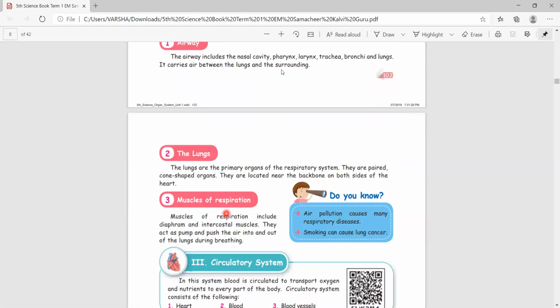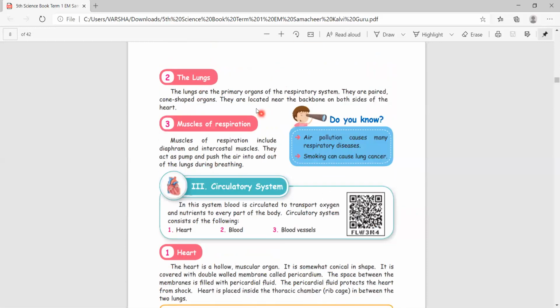And what are lungs? The lungs are the primary organ. If there are no lungs, we can't breathe. They are paired, two in number, and they are cone-shaped organs. They are located near the backbone, on both sides of the heart.